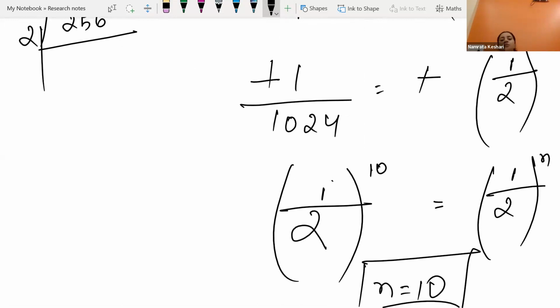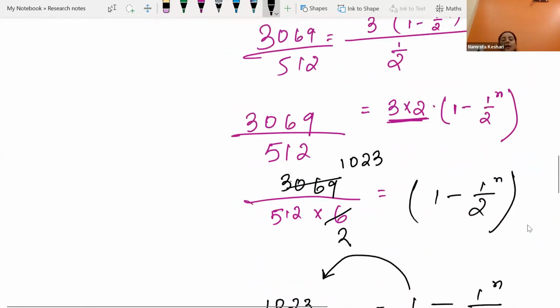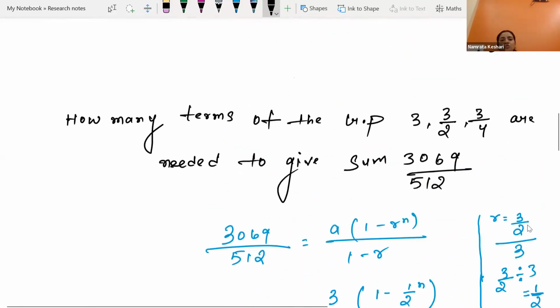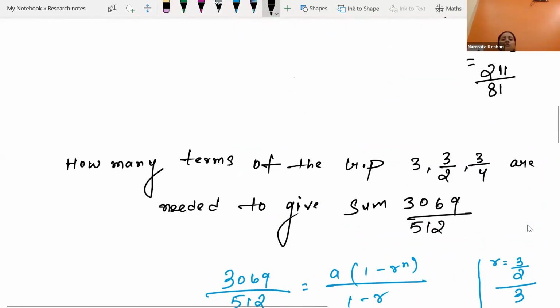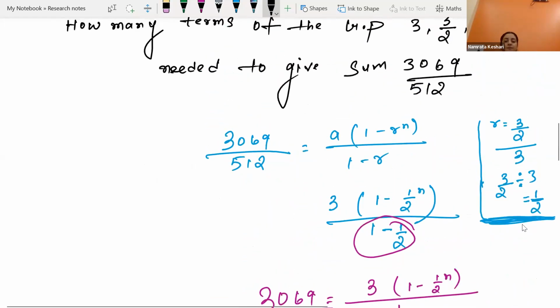So this is how much lengthy calculation we have to do over here. We don't have any other option. The question is very basic, very straightforward. The sum is given and n we need to find. Sum is given and from the formula n we need to find. But when we substituted, the calculation was not that simple.